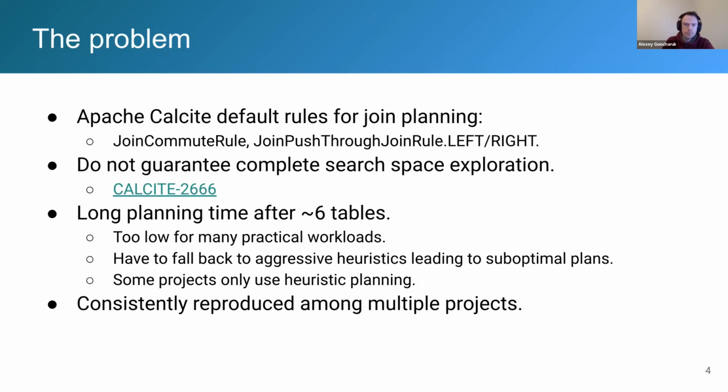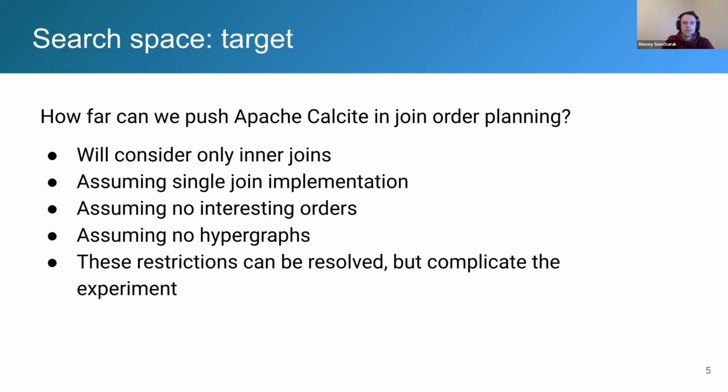Usually what projects do is they fall back to some heuristic rules that try to optimize the join order somehow, but do not guarantee optimality. The question that we would like to ask, and give some potential directions and discuss with the community, is what we can improve in Apache Calcite in order to probably raise that limit to be more practical.